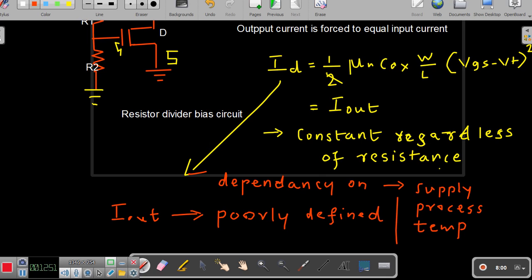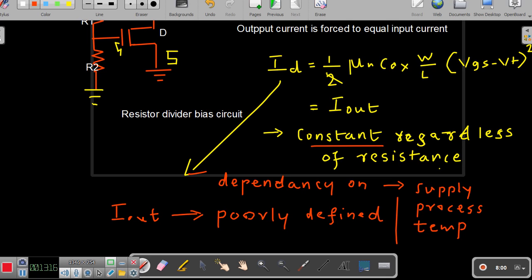What do you mean by saying poorly defined? So the external parameters will affect the value of I out, and what it is supposed to be, it should remain constant regardless of the resistance, right? So it no longer remains constant. Your I out no longer remains constant, right?